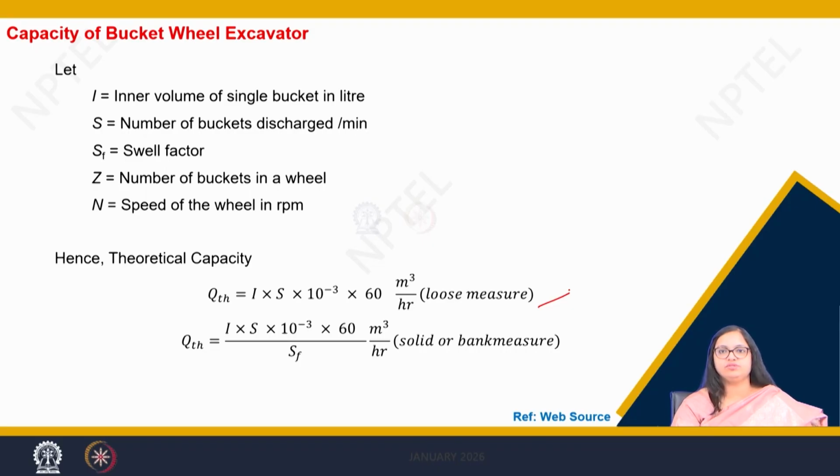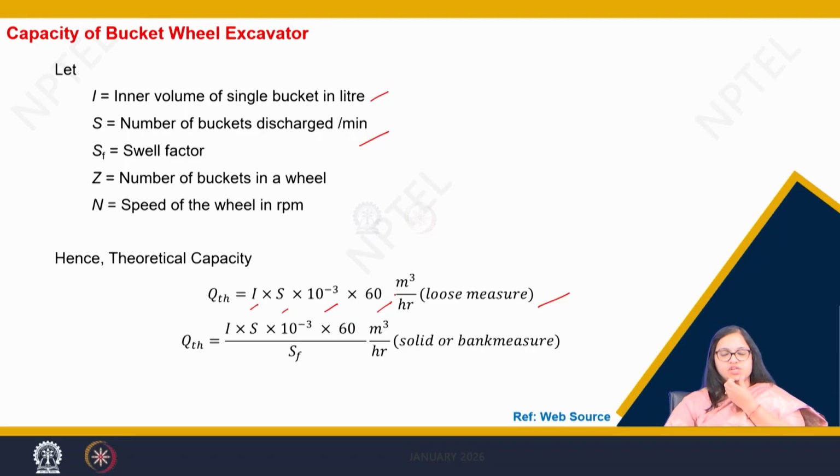So, in order to convert it into cubic meter, we divide it by 1000. Here I is the inner volume of a single bucket in liters and S is the number of buckets discharged per minute. So, we converted it into cubic meter, and then, because it is per minute, we have to convert it into hour, so we multiplied with 60.